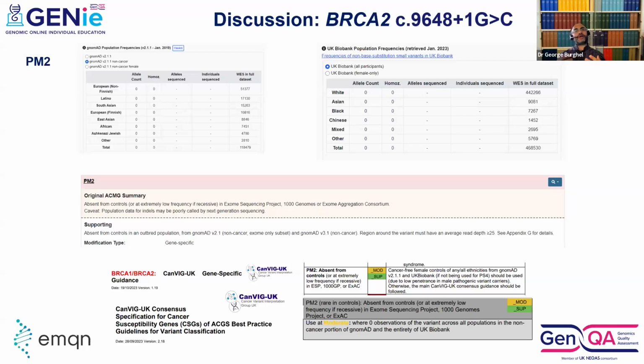And some people follow the classification using the Bayesian points scores, which might still get you to likely pathogenic, but using ENIGMA and using the rules of not being able to classify a variant based on a single evidence criterion, this variant will end up as a variant of uncertain significance using ENIGMA, still pathogenic using CanVIG guidance.